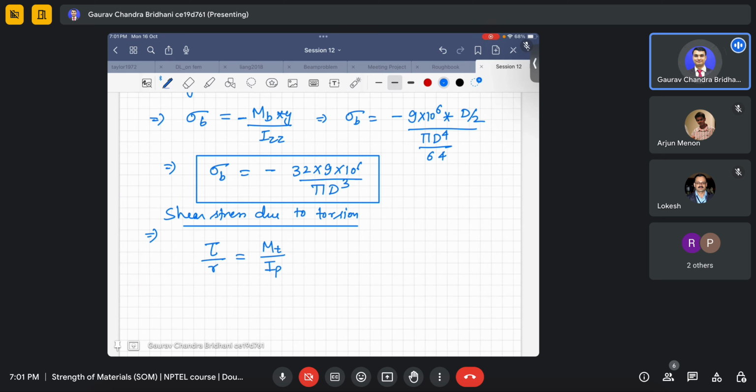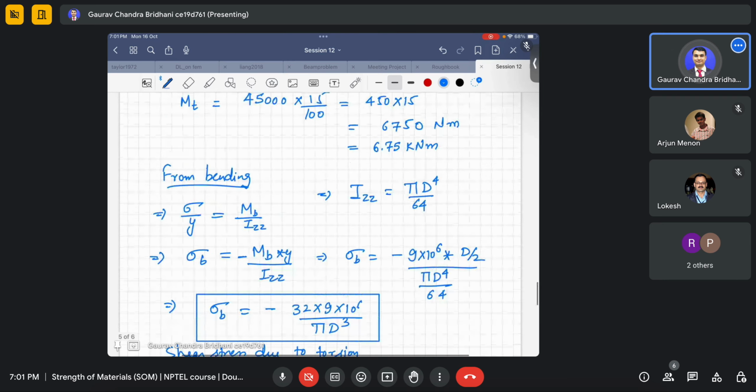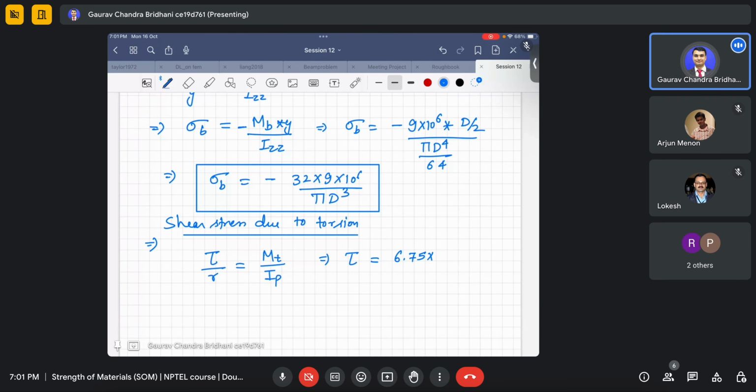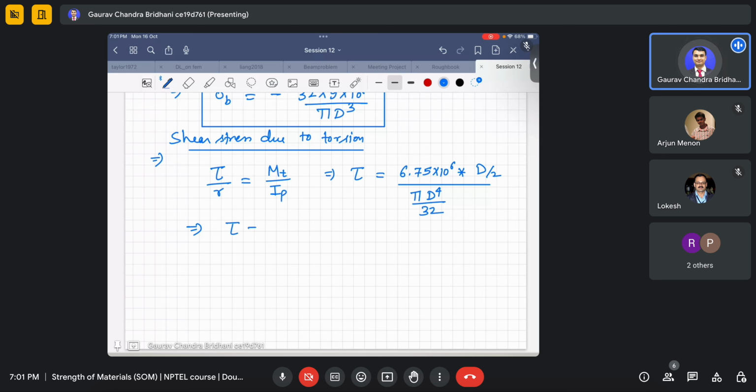So tau equals Mt, which is 6.75 into 10 to the power 6, into r, which is d by 2 again, divided by Ip, that is pi d^4 by 32. Ip is pi d^4 by 32, not 64. So tau is equal to 6.75 into 10 to the power 6 into 16 divided by pi d^3. This is our shear stress tau.